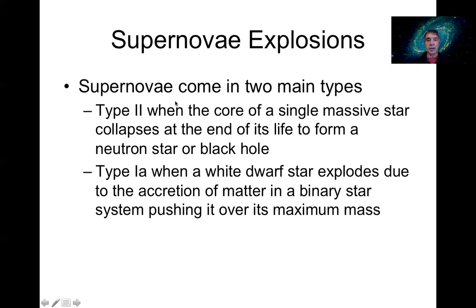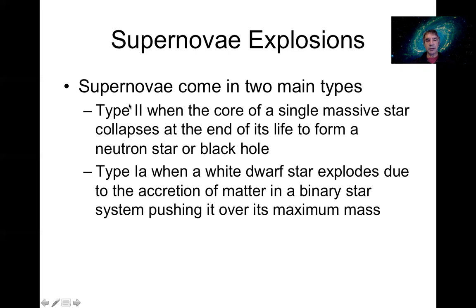The first one is, as we already talked about, a single massive star collapsing at the end of its life when it's run out of fuel and burned all its fuel up to iron in the center of the star. Then it collapses, but the outer layers get ejected, leaving behind either a neutron star or a black hole, depending on the mass of the star at the time.